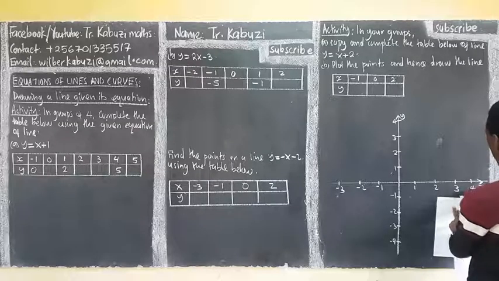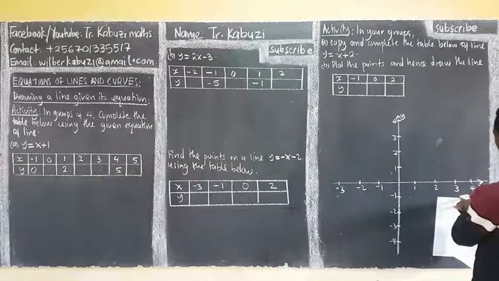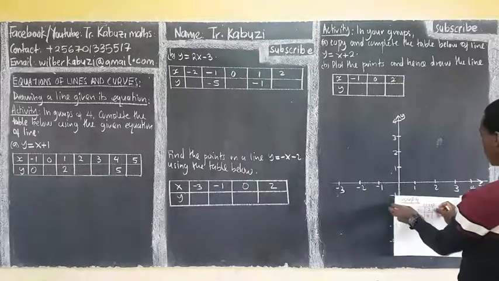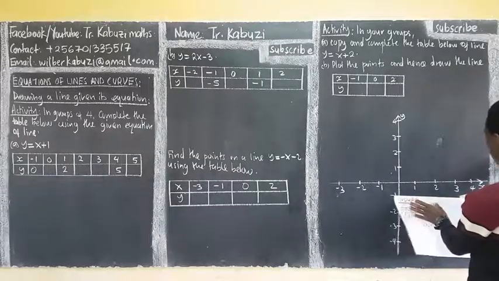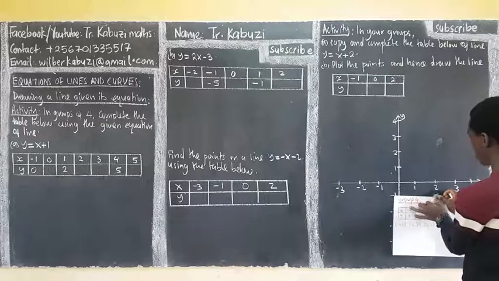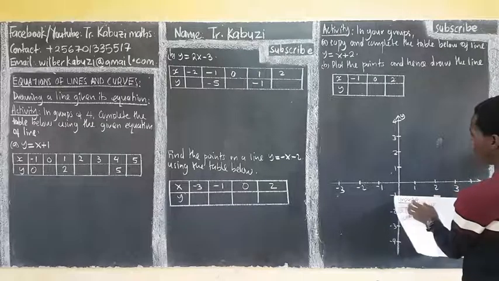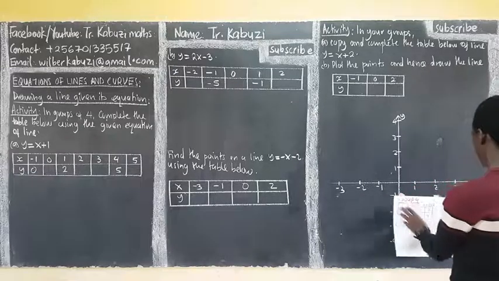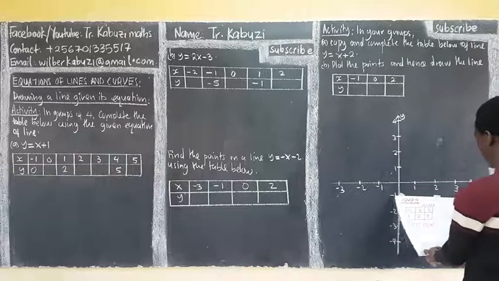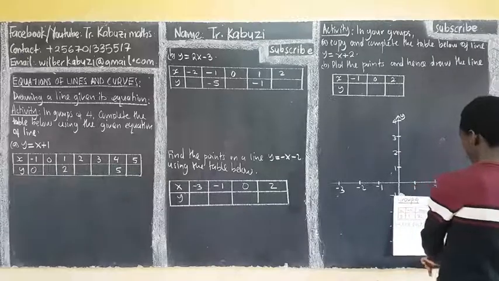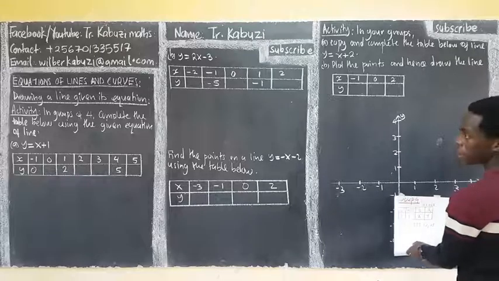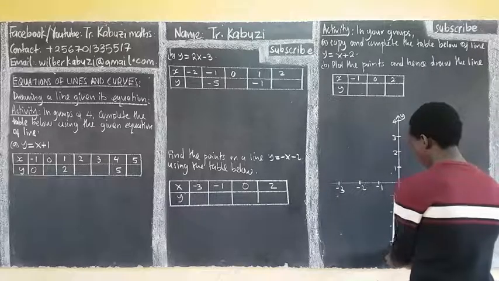This is group 9, this is how they did their work. Then we have also this one here. So that's how they managed to do their work.